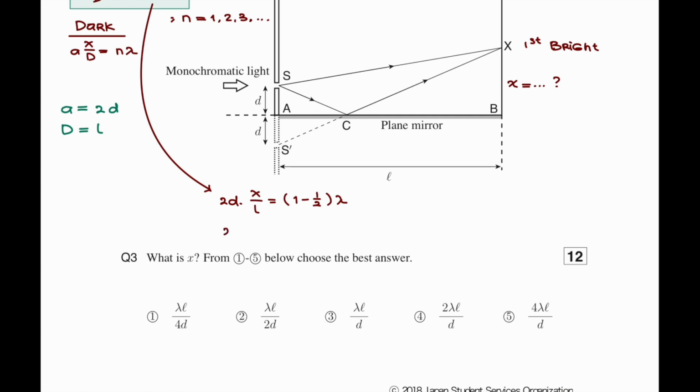So I will get 2d x over L equals 1 over 2 lambda. That means x equals lambda L over 4d. So my final answer for this question is number 1.